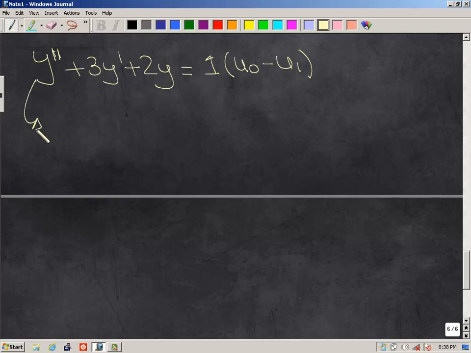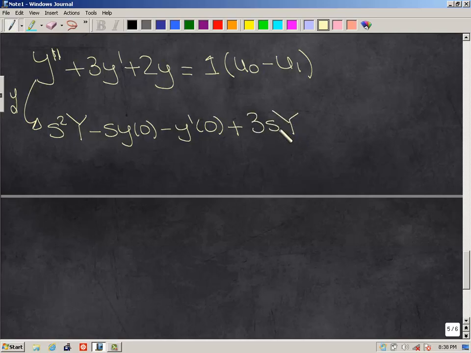We start by taking Laplaces on both sides. So Laplace of y double prime is s squared times big Y minus s times y of 0 minus y prime of 0, plus the Laplace of 3 times y prime. So it'll be 3s times big Y minus y of 0, plus 2 times Laplace of little y, which is big Y, is equal to Laplace of this guy.